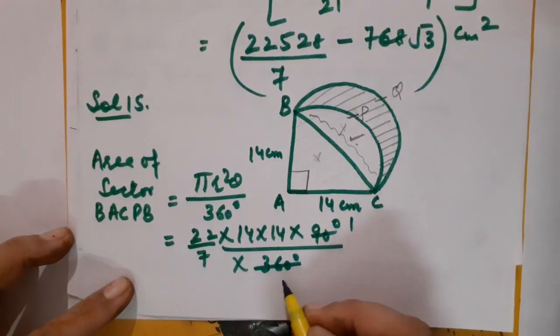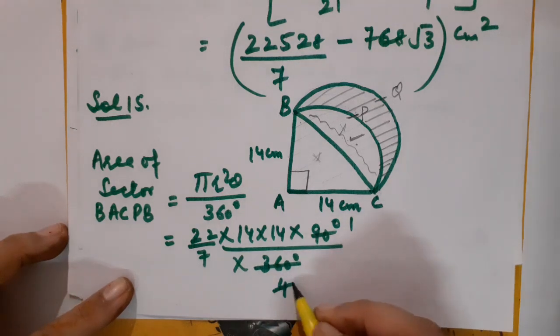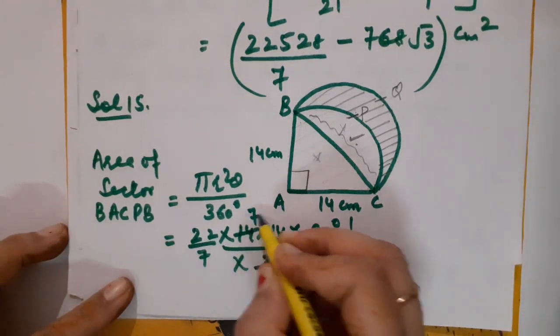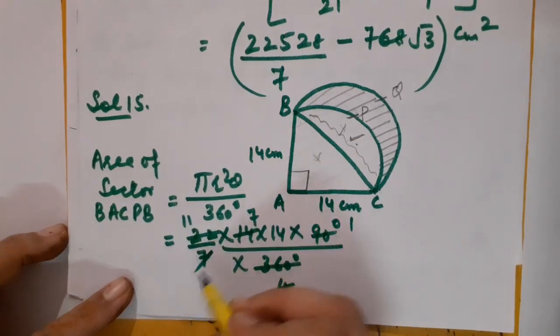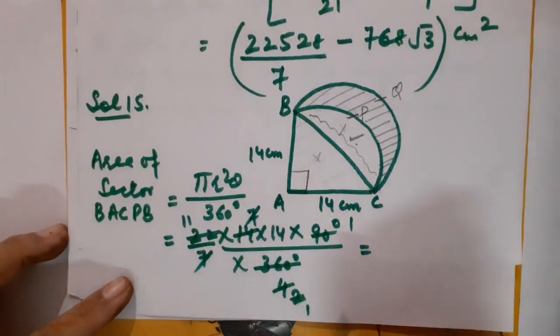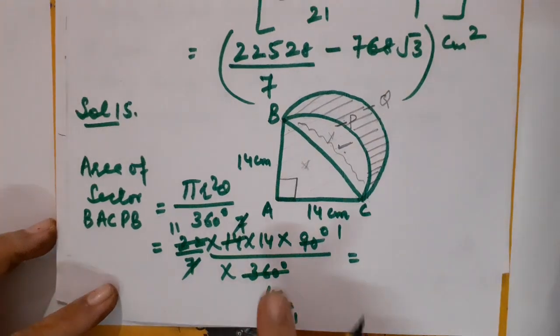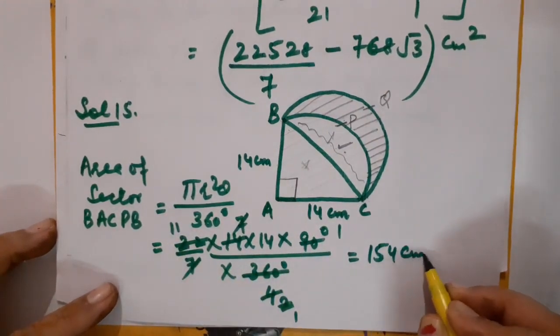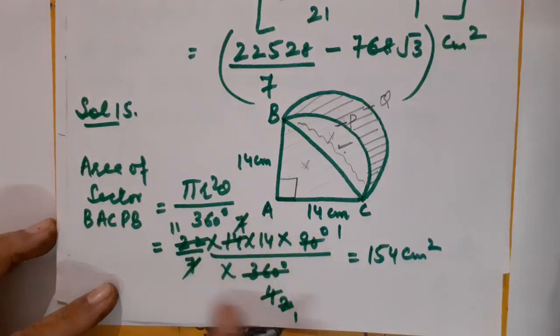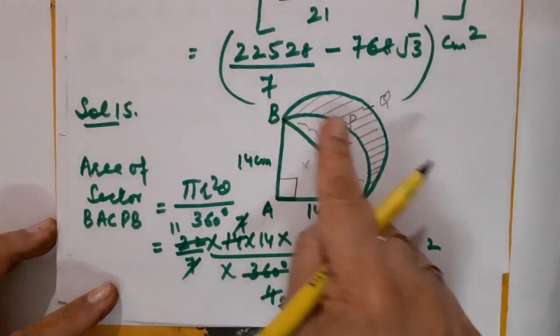Let us cancel: 2 fours are 8, 7 twos are 14, then 11. 7 and 7 are also going to be cancelled. So children, 14 into 11, I have got 154 centimeter square. This is the area of the sector.